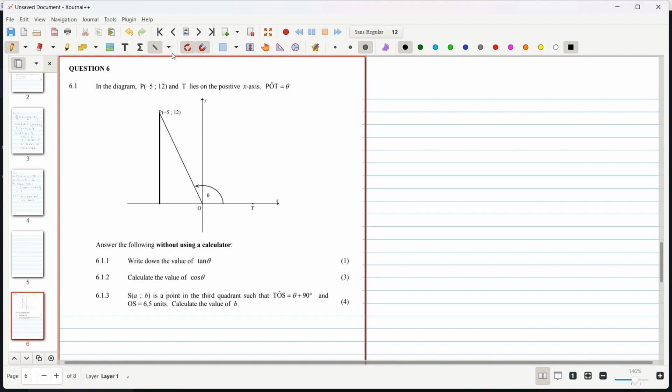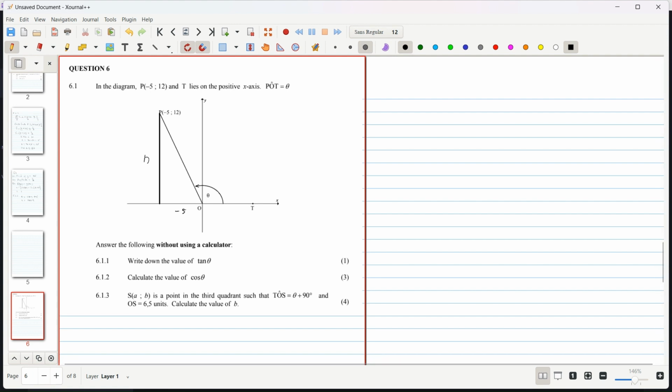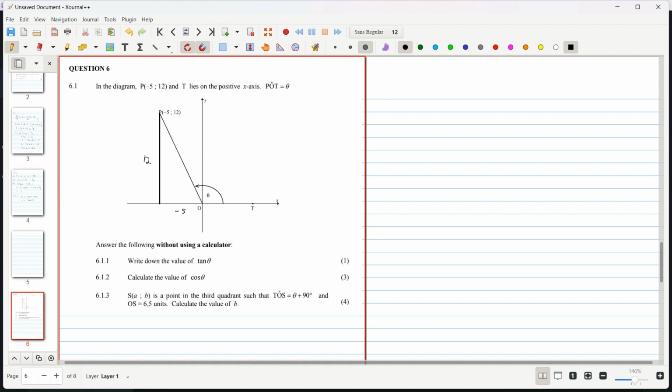For x, it is -5, so here has to be -5. For y it is 12, so here it has to be 12. Now it's easy for us to determine the value of our trig functions.